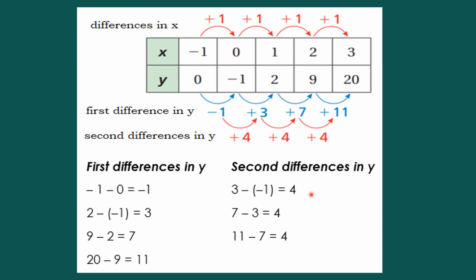Notice that equal differences in x produce equal second differences in y. Thus, the table of values represents a quadratic function. How about if the second differences are not the same? Then it is not a quadratic function.